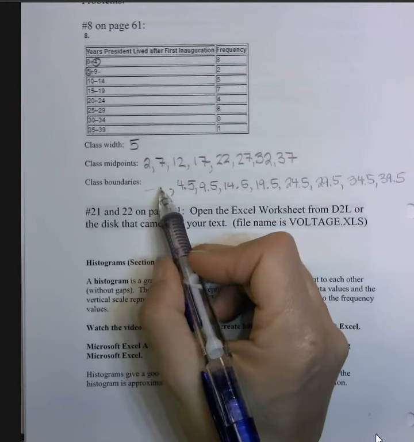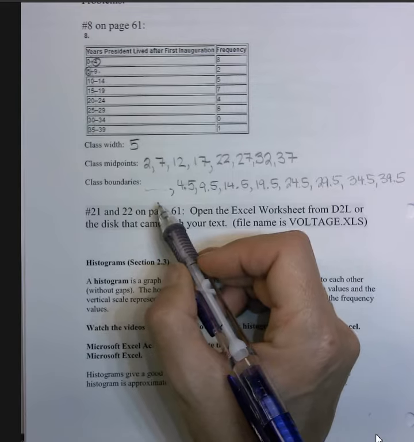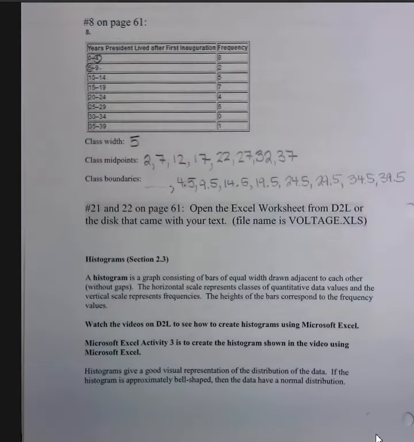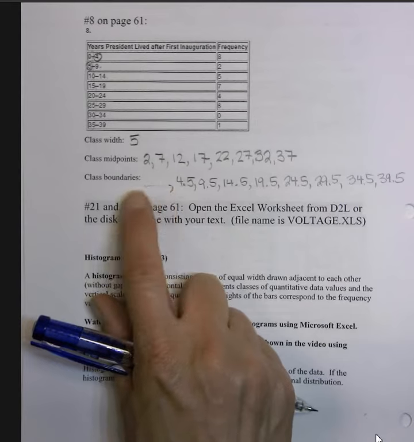So what would the very first class boundary be then? Negative 0.5, because they always have to be separated by a distance of 5. So if you put 0, there wouldn't be a distance of 5 between those two.